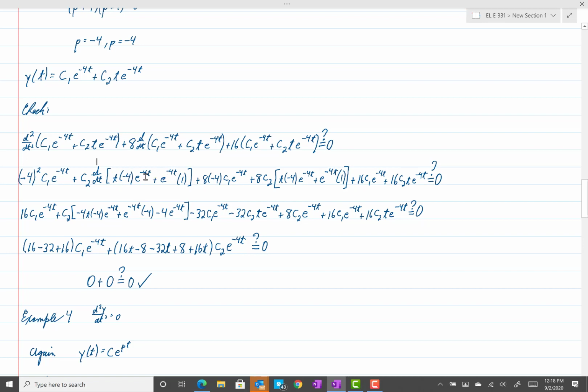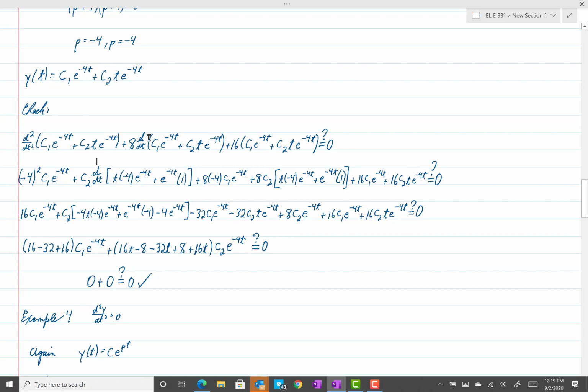So what's in the brackets here is the first derivative of t e to the minus 4t. You can see I get the first term, t, times the derivative of the second, so minus 4 e to the minus 4t, plus the second term, e to the minus 4t, times the derivative of the first term, t. The derivative of t is just 1. So this bracketed term represents the first derivative of t e to the minus 4t, and then I still have one derivative left out here in front of the brackets because this is the second derivative.